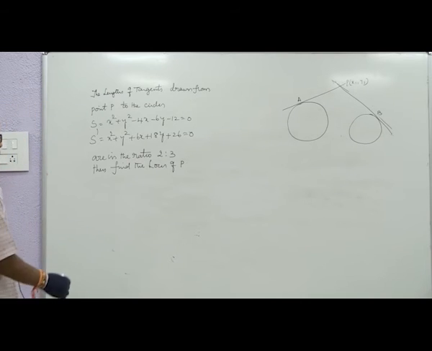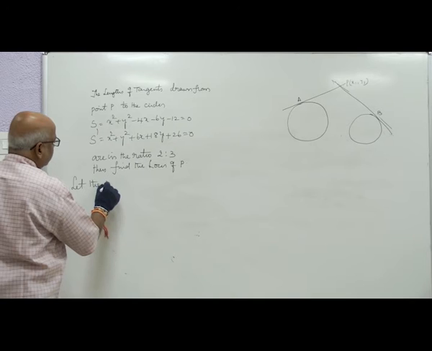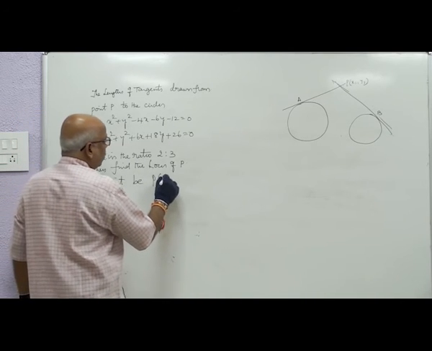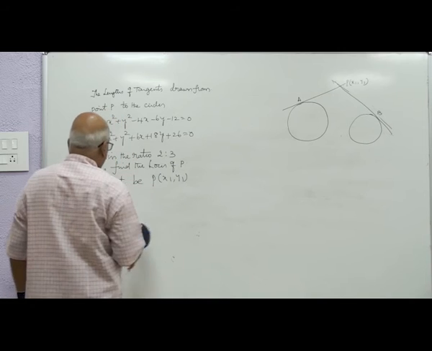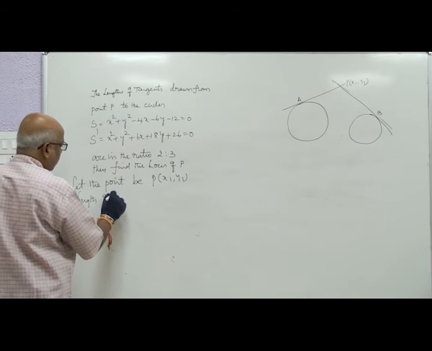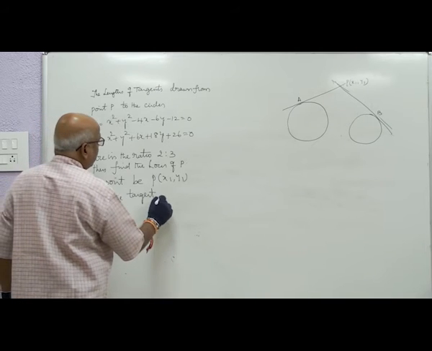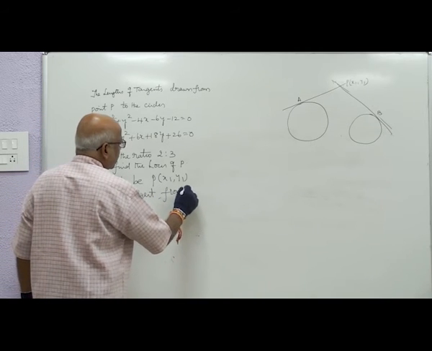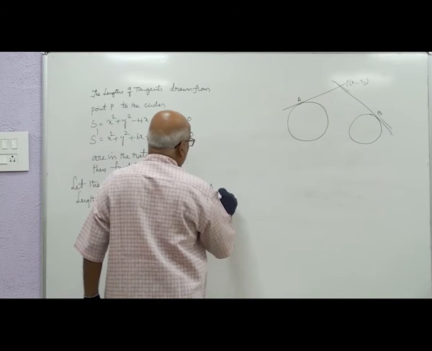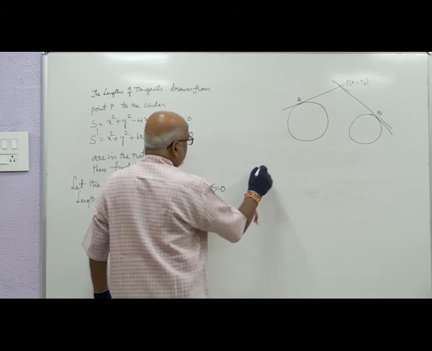Then what is the locus? To find out locus, let the point be P x1 y1. Length of the tangent from P to A, that is from P to the circle S equal to 0.